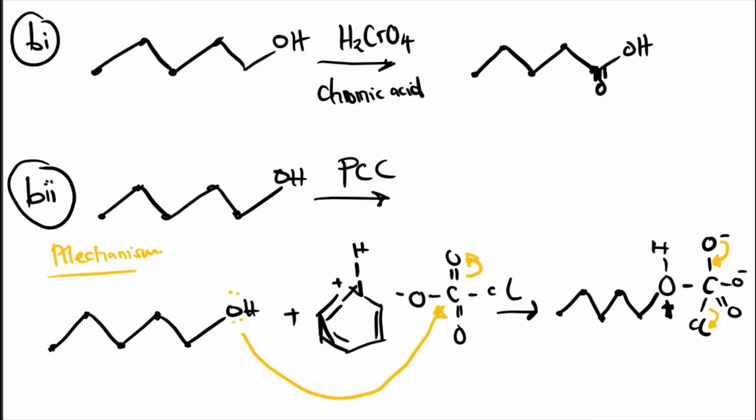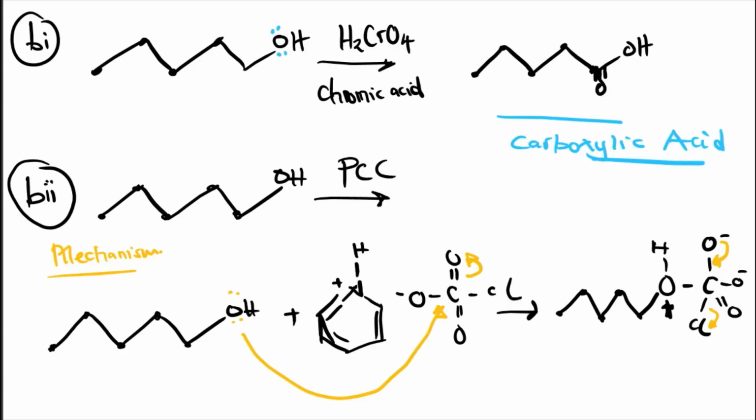Okay, so this is called chromic acid. When you react an alcohol in chromic acid, what you are going to get is the formation of a carboxylic acid. So this is a carboxylic acid that is formed. So always know this. So know the reagent that reacts with an alcohol to give you a carboxylic acid.